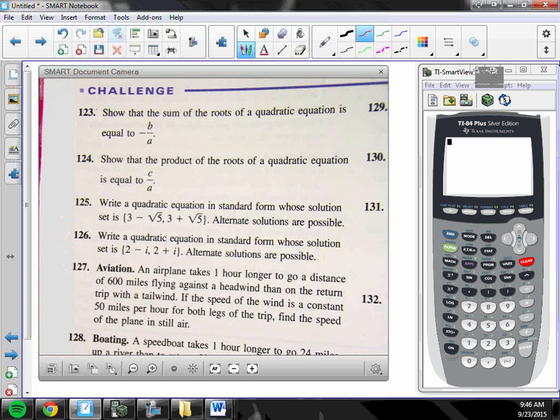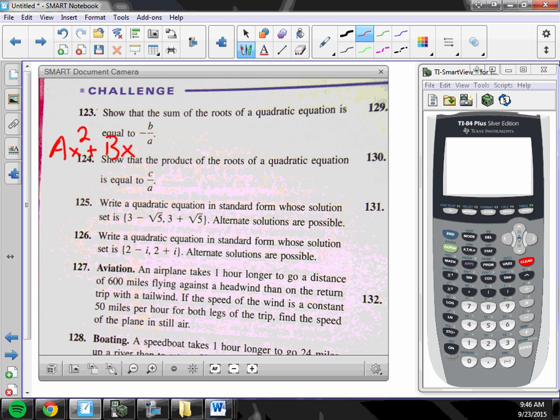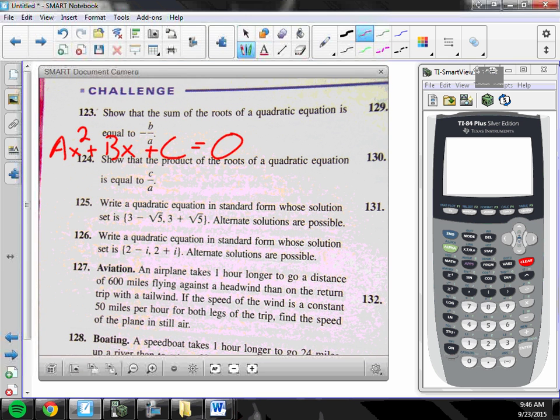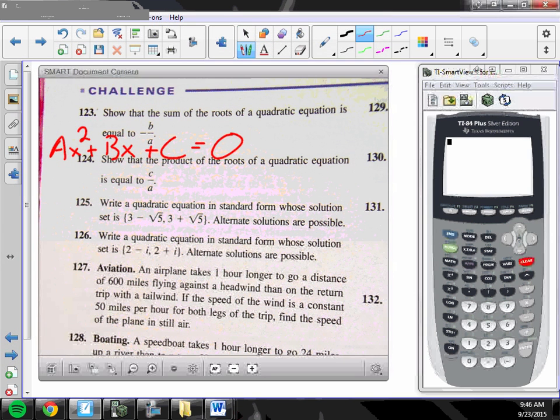Well, okay, let me put it this way. If I had ax squared plus bx plus c equals 0, what are the roots? We know exactly what they are.